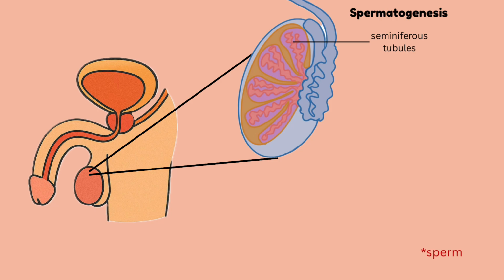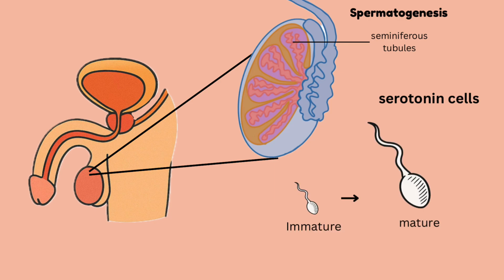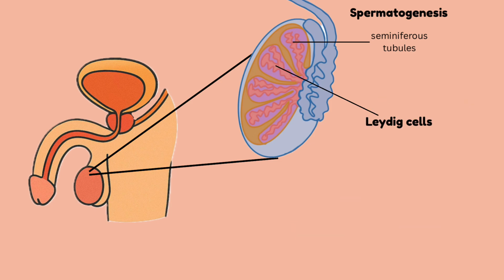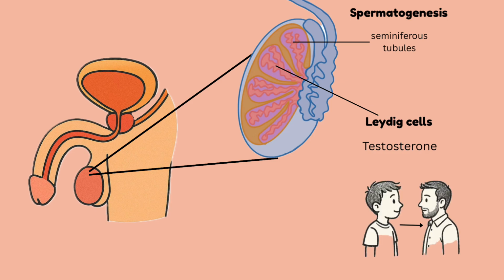Some of these cells become Sertoli cells, which provide nutrients for the spermatids to become mature sperm. Between these tubules are special cells called Leydig cells, which produce the hormone testosterone. Testosterone is essential not only for sperm production, but also for the development of male secondary sexual characteristics, such as a deeper voice, facial hair, increased muscle mass, and pubic hair.